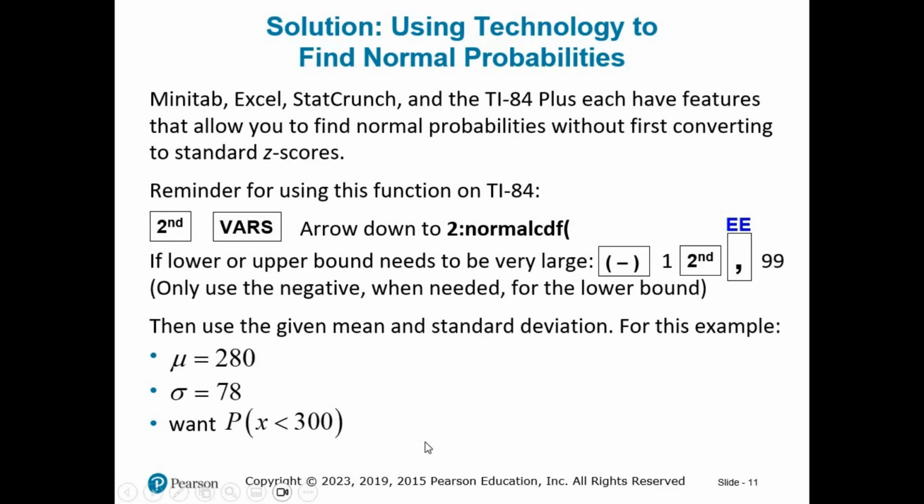You see that above your comma. Then 99, and that's essentially putting a very large negative number in. When you need a very large number, a positive one for the upper bound, just don't use the negative button, but use the rest of those instructions.